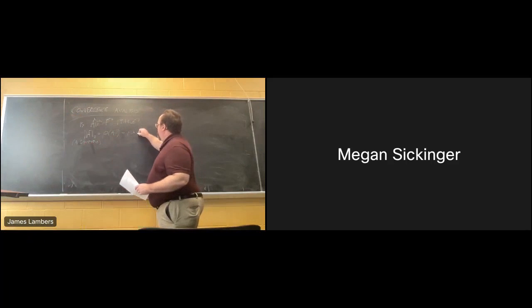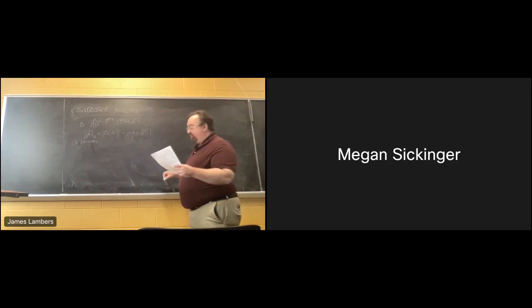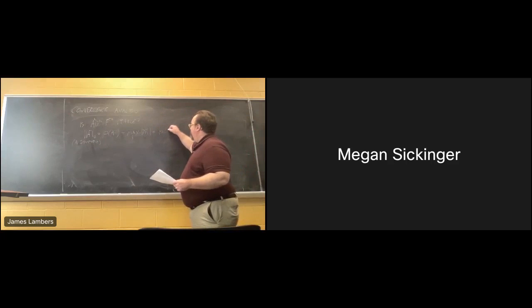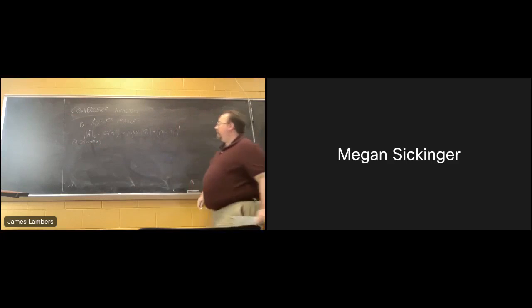Now that is defined to be the maximum of the reciprocal of all the eigenvalues of A. And all the eigenvalues of A are non-zero because it's invertible. So the largest reciprocal, that's going to be, if we take the smallest eigenvalue in absolute value and take the reciprocal of that, that'll be the norm.